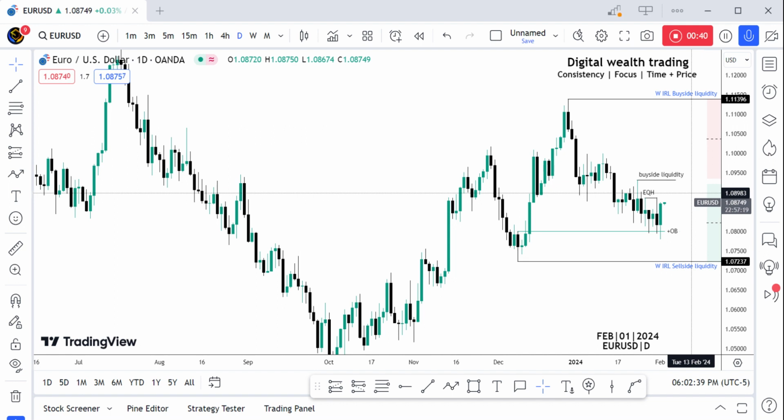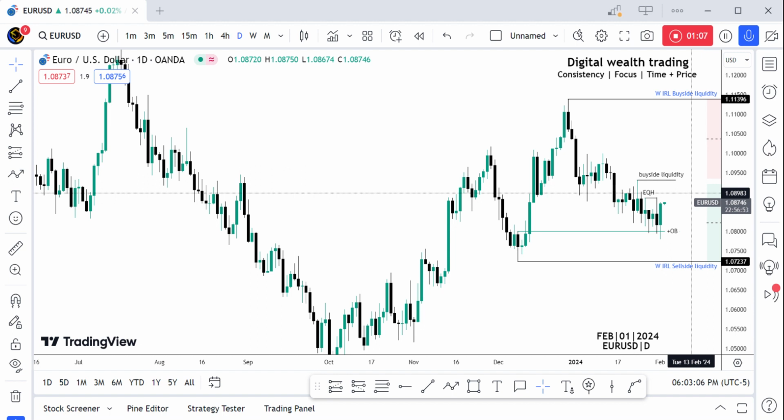But I want to say something. I have a short term switch in bias right now. Currently, from what I am seeing, because I work with price action, and what price action is telling me, that's what I go with. From what I can see, the market has switched short term bias for me.